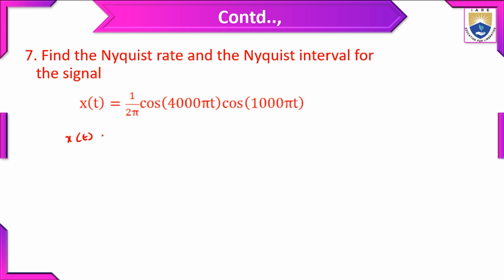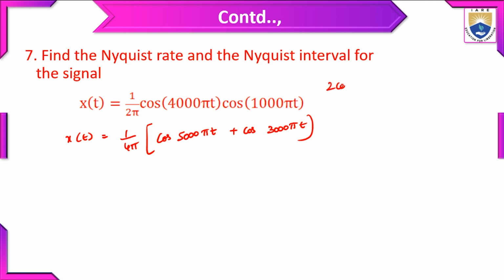So x of t is equal to 1 by 4 pi of cos of 5000 pi t plus cos of 3000 pi t. Why?